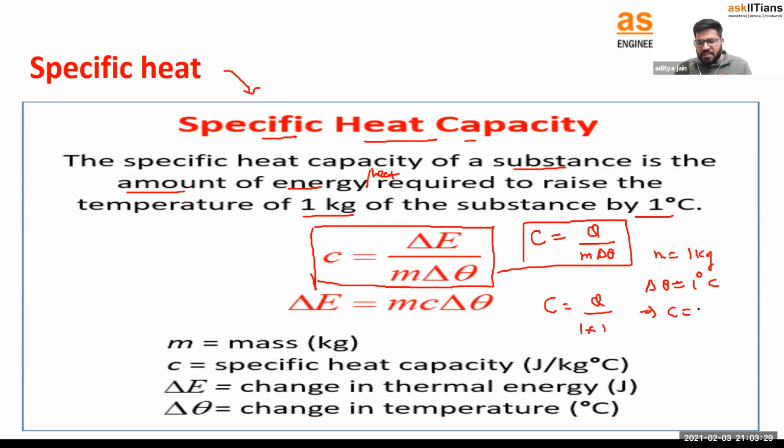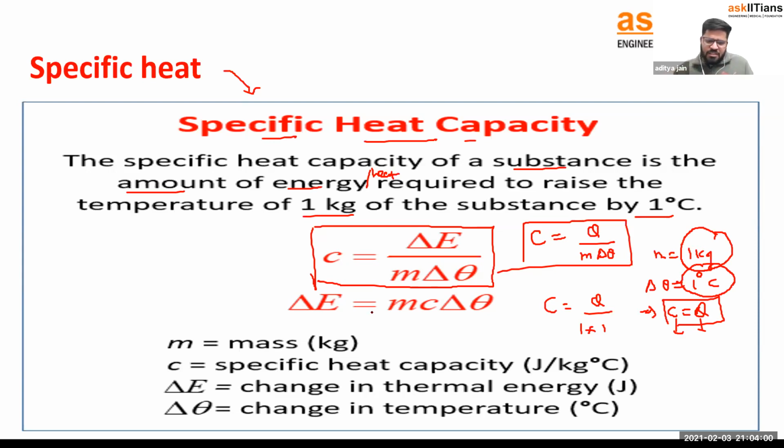So from this, can I say C is equal to Q, the amount of energy or heat? So can I define specific heat as the amount of heat required to raise the temperature of 1 kg of substance by 1 degree Celsius? This is clear.